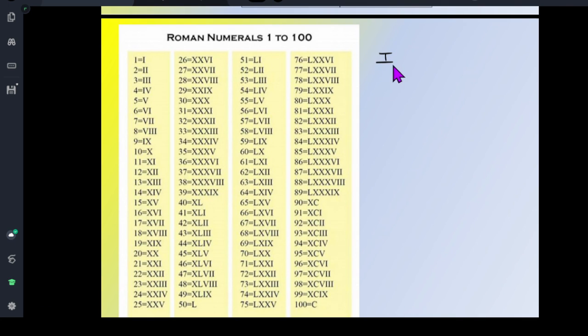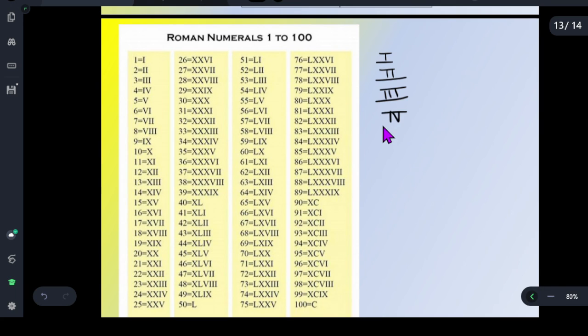After that, 2 like this. And 3 like this. After 3 you write 4 this way and 5 this way. The same system follows till 100. You can study this chart and write yours by yourself.